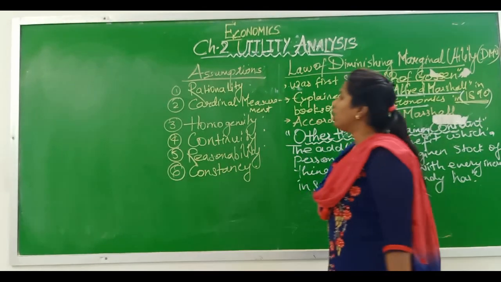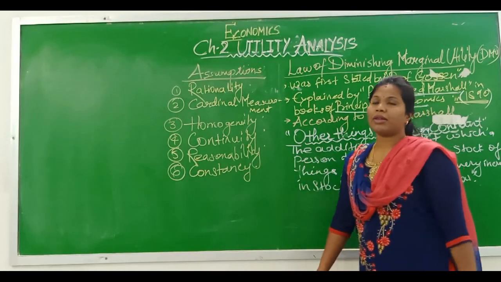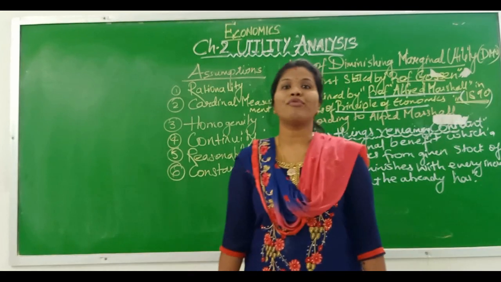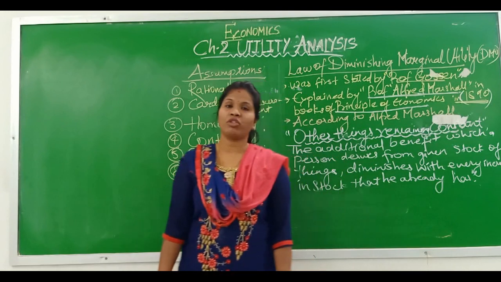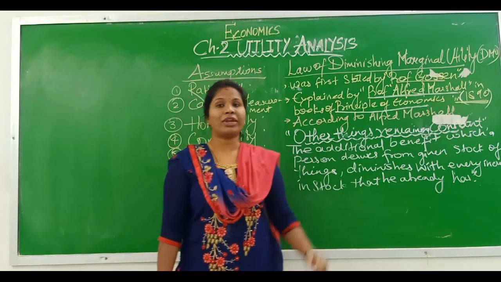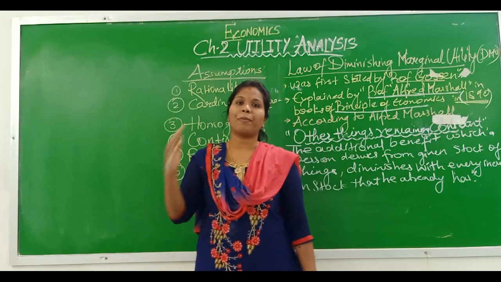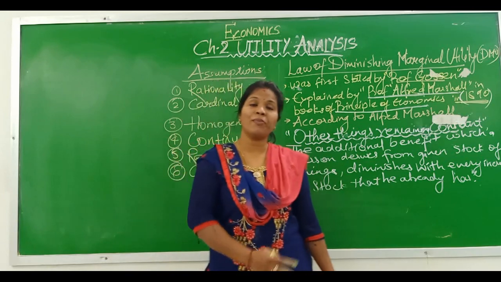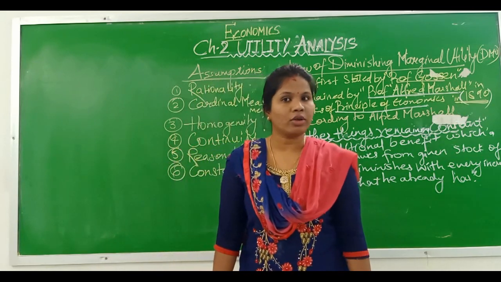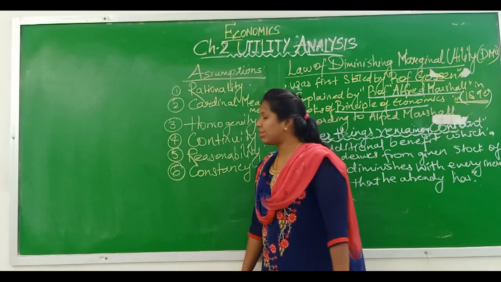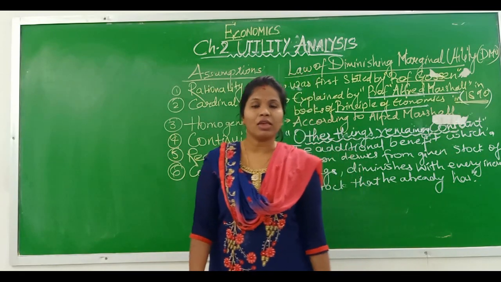Once again, reasonability. Reasonability means it should be of same size. Standard size should be maintained. If it is a cup of milk, it should be a cup of milk only. If it is a glass of milk, it should be a glass of milk only for all the units. It should not vary. Then the sixth one is constancy.